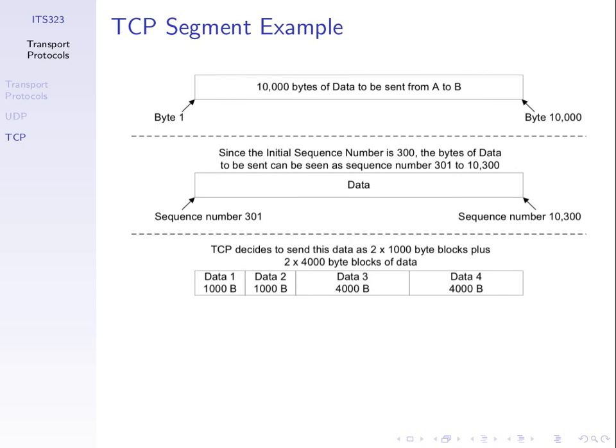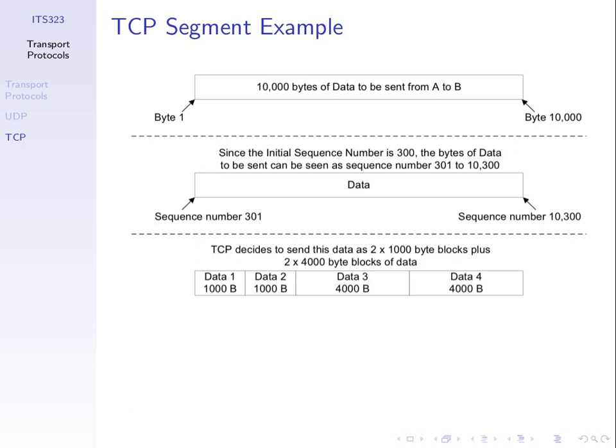Do we need to go through this? This is an illustration of how sequence numbers work in TCP. Our source computer, our sender computer, the application has some data to send to the receiver. So the application in this example has 10,000 bytes to send from A to B. A is the source computer, B is the destination computer. 10,000 bytes to send.